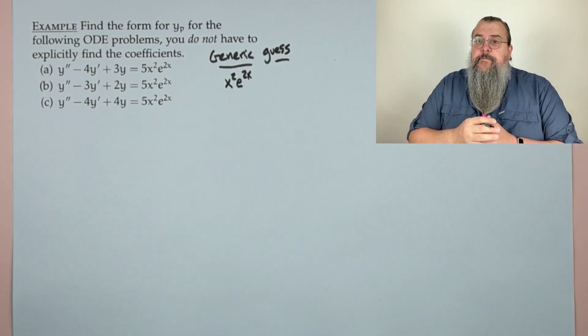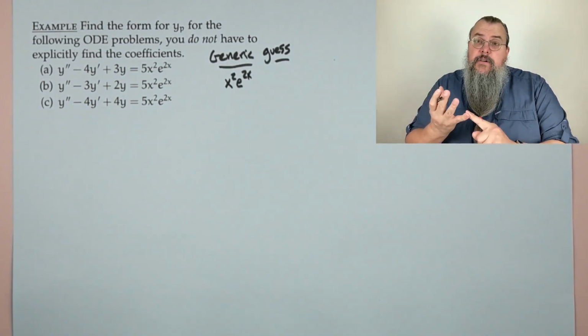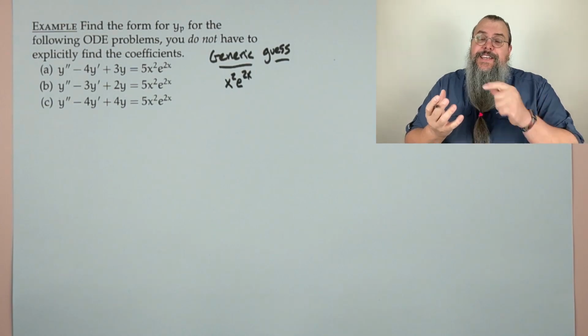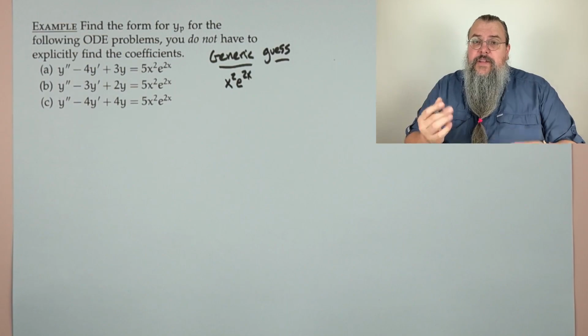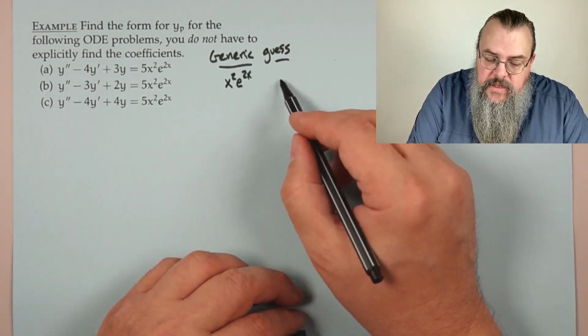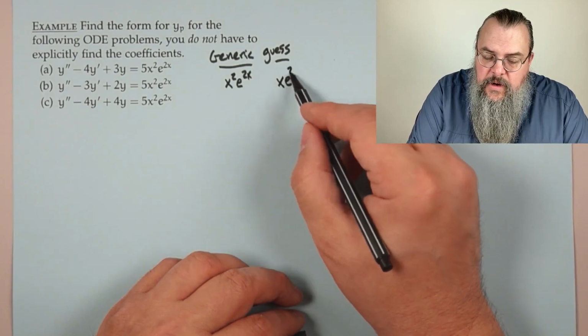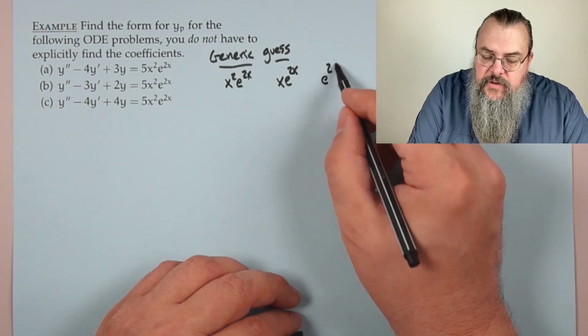We say, okay, go through the process. There's 3 things we look for. Do you have a power of x? We do. If you have a power of x, you've got to work your way down the ladder until there are no powers of x. So we have an x squared, which means we need an x. Well, there's still a power of x, so we need to go one more step. We need to have an e to the 2x.